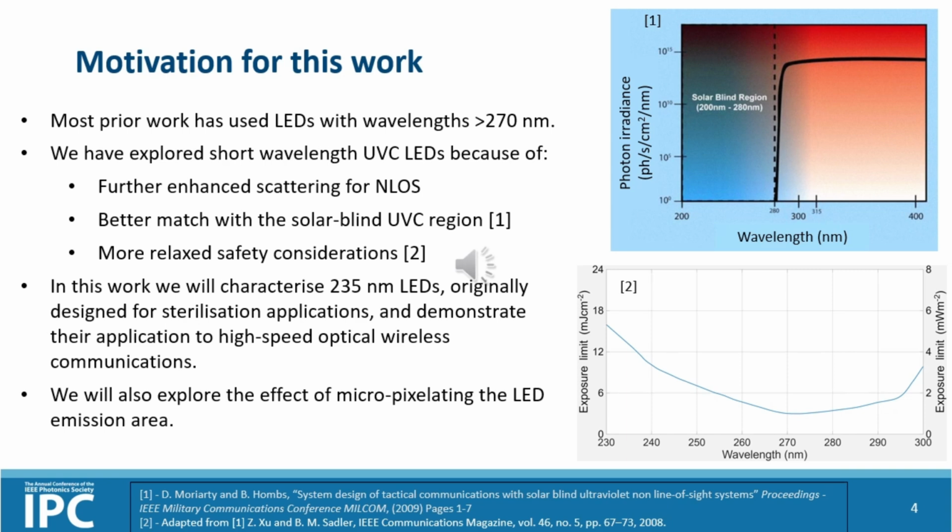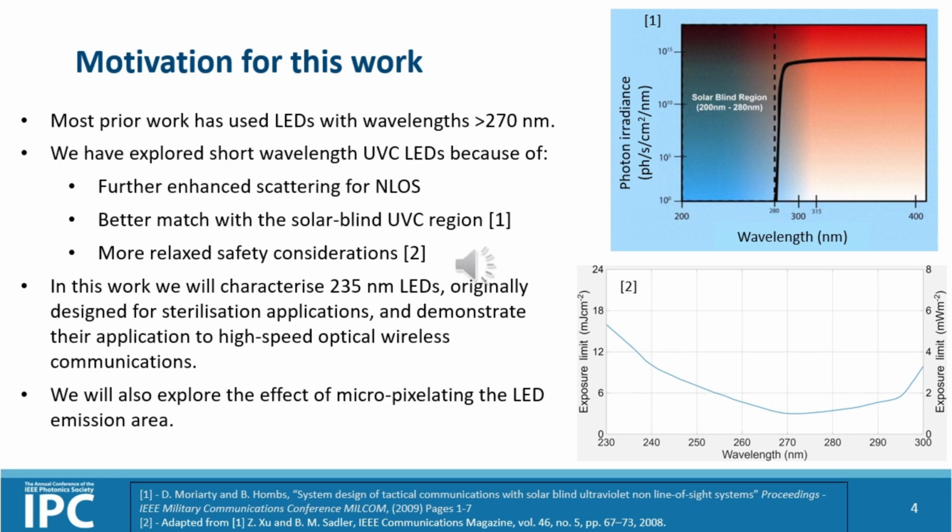First of all, for future non-line of sight communications demonstrations, there's the further enhancement to scattering, as I previously mentioned. There's a better match with the solar blind UVC region, so if your LED's peak wavelength is around 270 to 280 nanometers, then much of the LED's emission is not actually within the solar blind region of the spectrum.